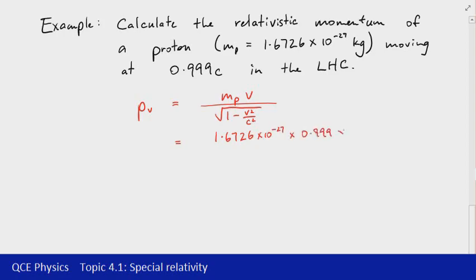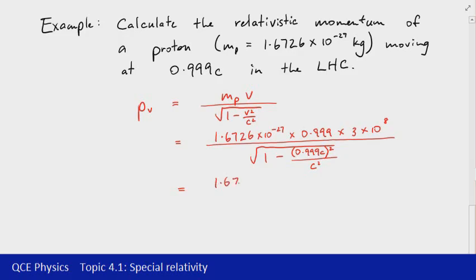We actually have to multiply that by the speed of light, which is 3 by 10 to the 8 in the data booklet. Whereas in the denominator, we can just use 1 minus 0.999c as the velocity, and that's all squared, divided by c squared. So you can see that we're going to have a c squared term divided by a c squared term, so we can cancel those both out, and it makes the calculation just a little bit easier.